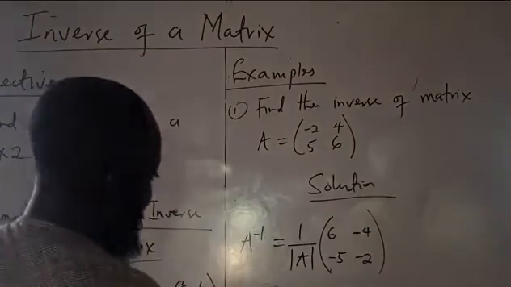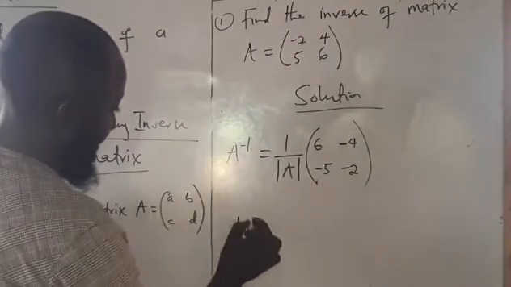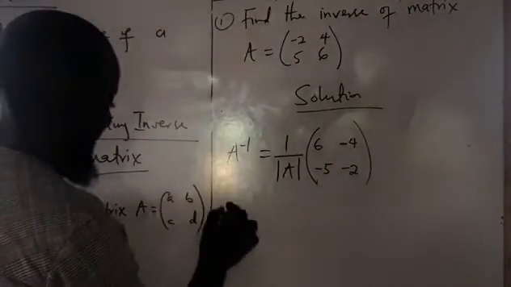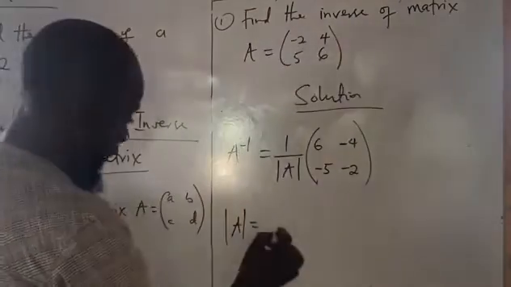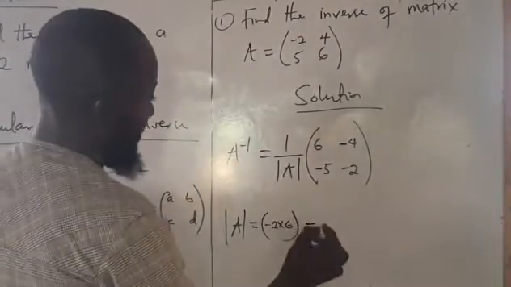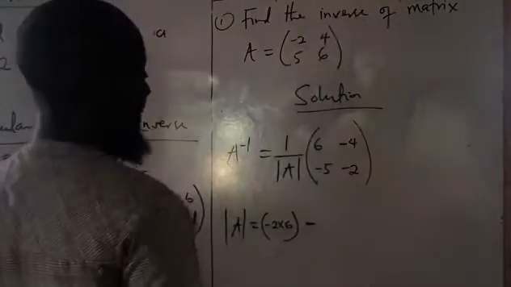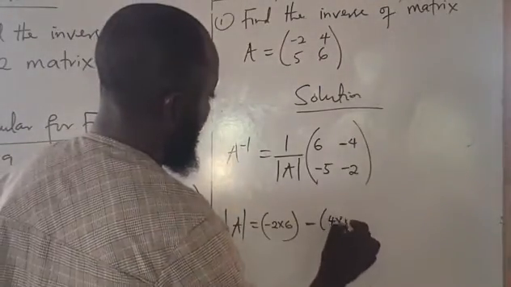So in this case, let's find the determinant of A. The determinant of A will be the multiplication of the leading diagonal, which is minus 2 times 6, minus the multiplication of the other diagonal, which is 4 times 5.